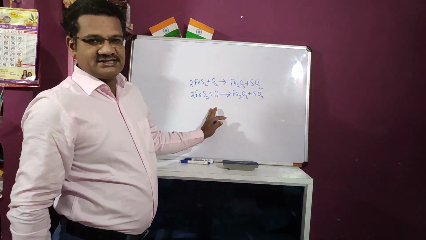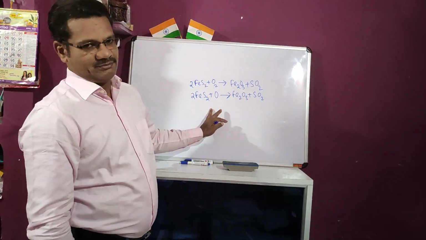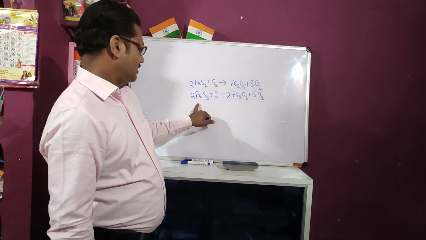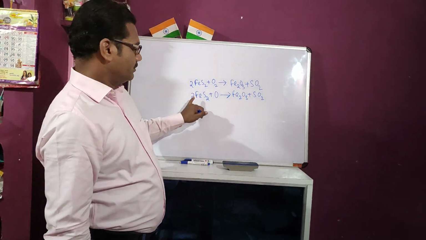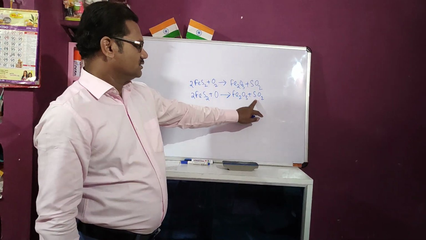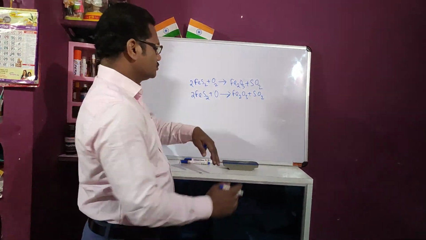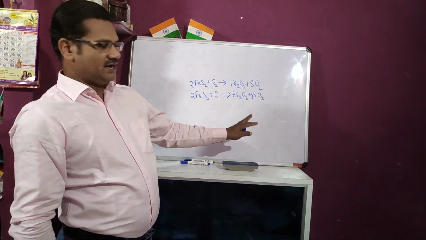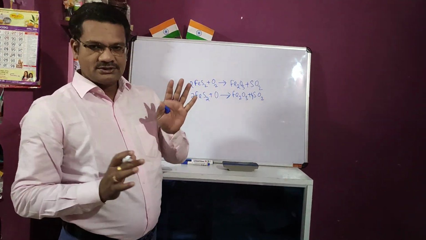Now oxygen is in its atomic form. Iron has been balanced. Let's talk about sulfur. Here there are 4, because 2 into 2, 4. Here there is only 1 sulfur atom. So let's multiply by 4. So now sulfur has been balanced, 4 atoms of sulfur, 4 atoms of sulfur.